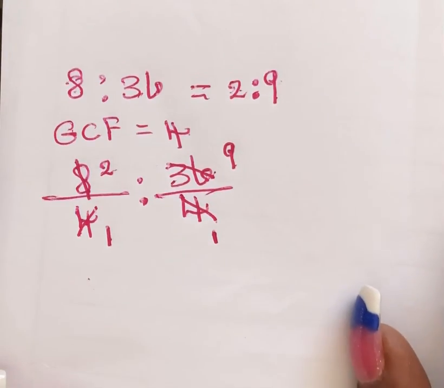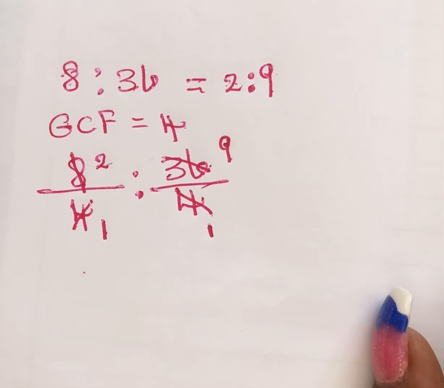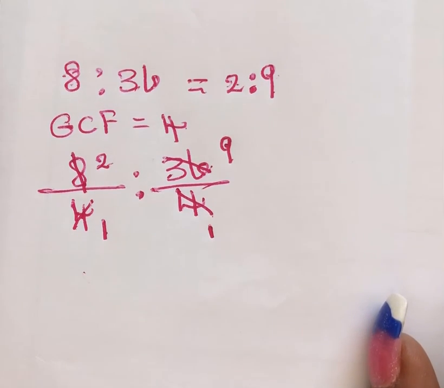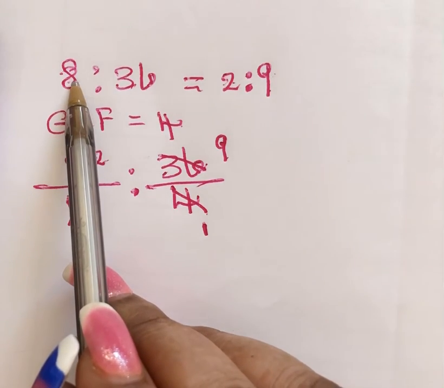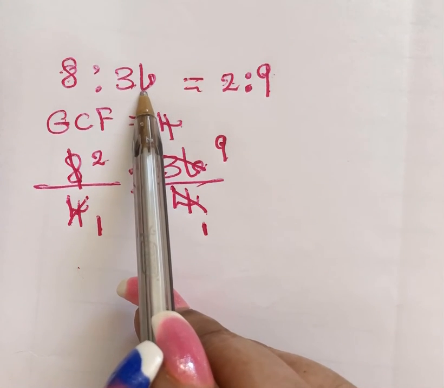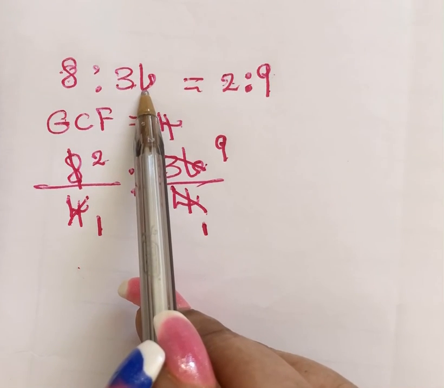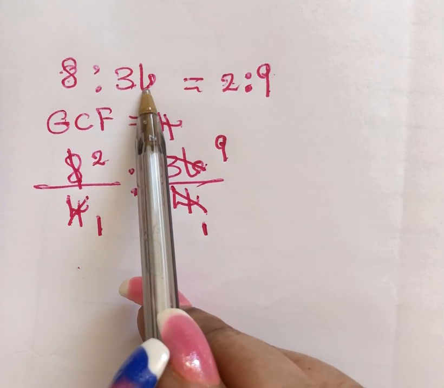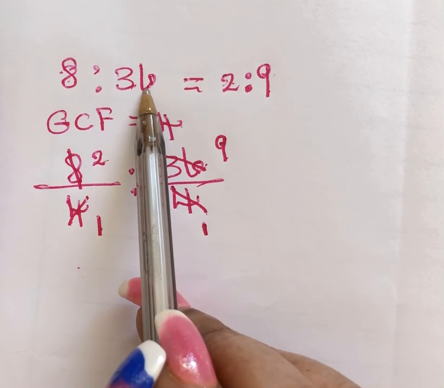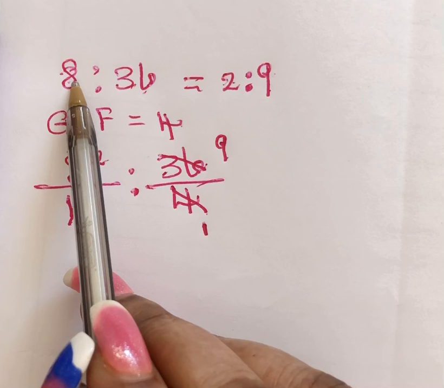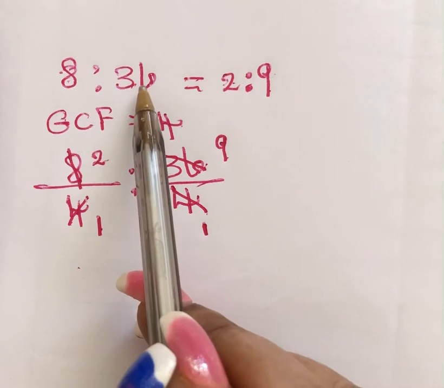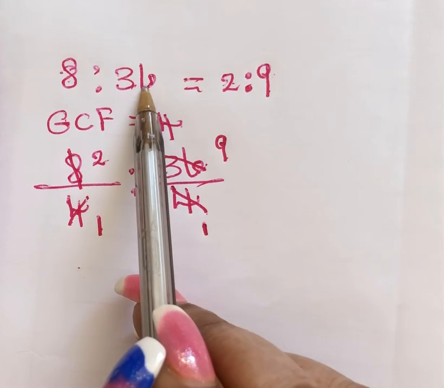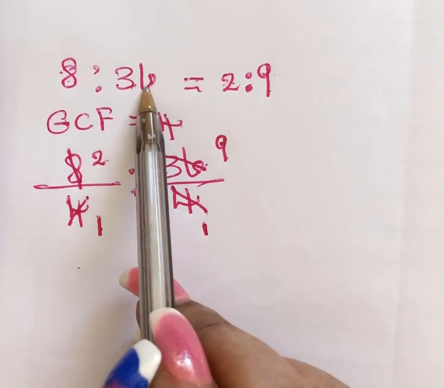In this case, I did not show you all those steps, but they are applicable once you are at the learning stage. 8 goes into itself once, it goes into 36, but it leaves a remainder. So we cannot use 8. So I go lower, I look at 4. 4 goes into 8 twice, and it leaves me with a remainder of 0. 4 goes into 36 9 times, and it leaves me with a remainder of 0.